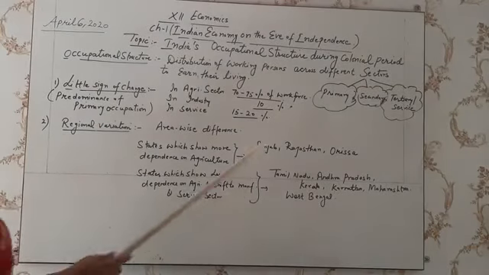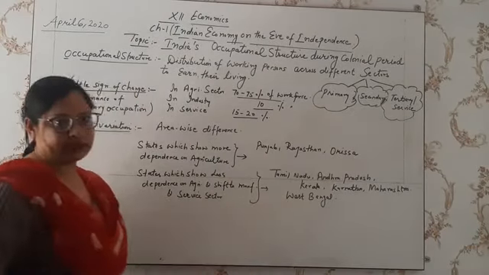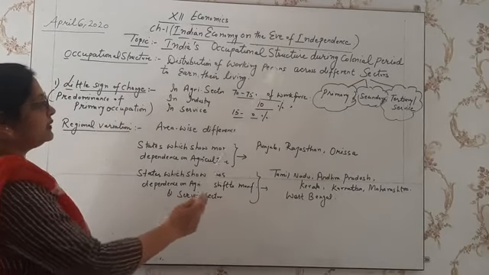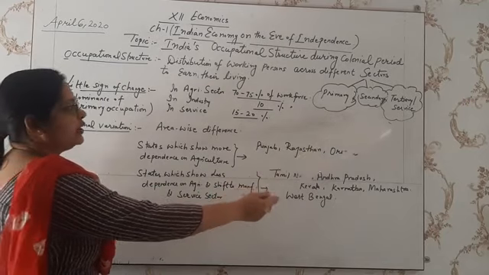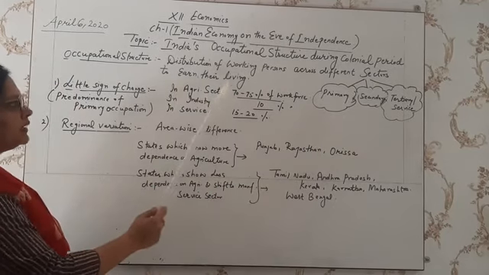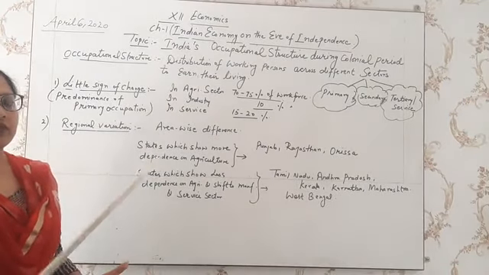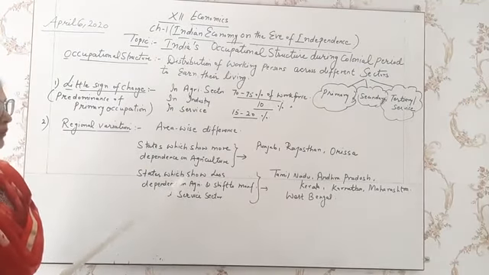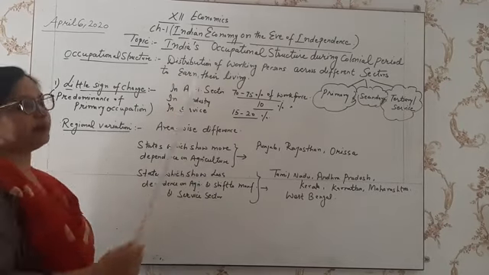So there are three sectors, students: primary, secondary and tertiary sectors. And every working person works either in primary, secondary or tertiary sector to earn their living. Now if we distribute what percentage of people work in primary, secondary and tertiary, then it is called distribution of working persons.